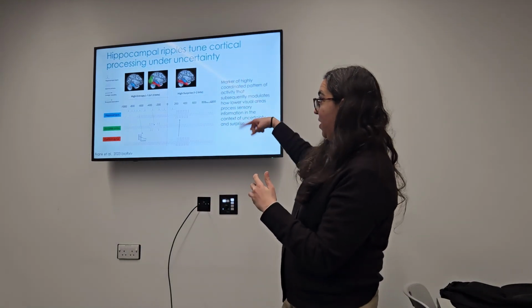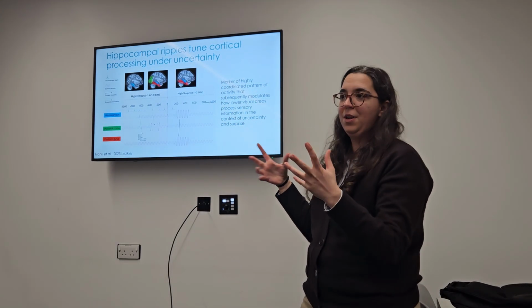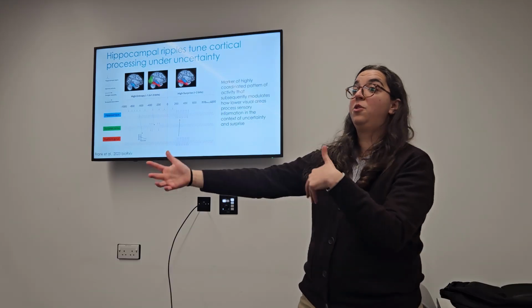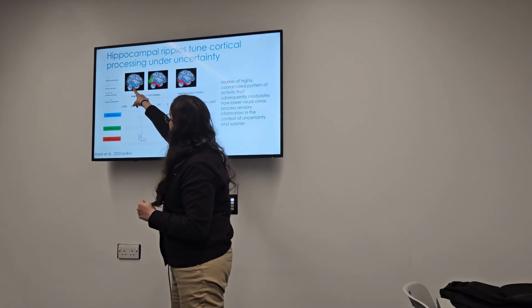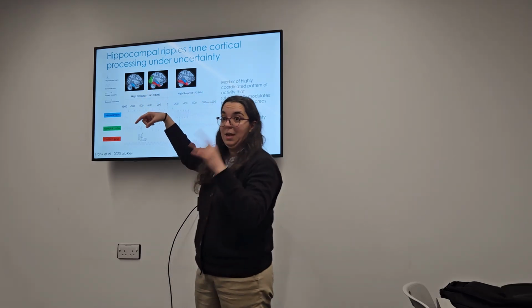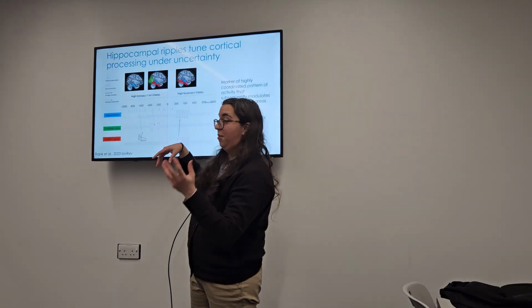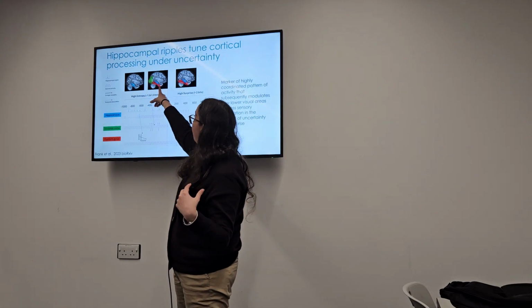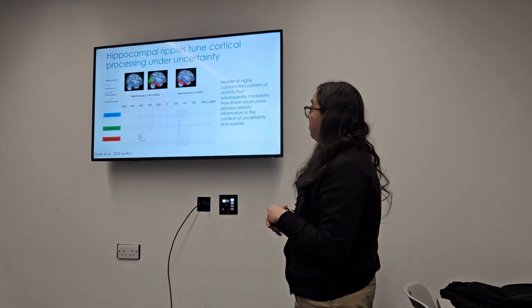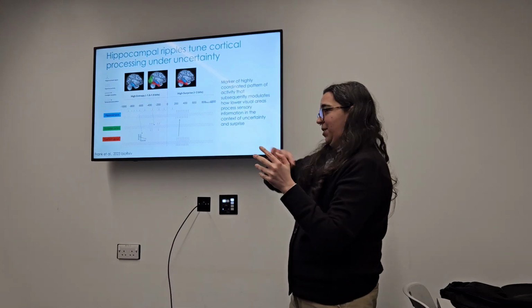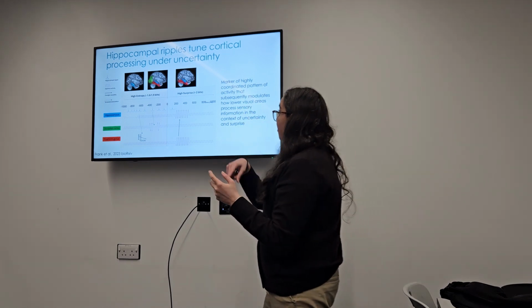What we show is that whenever the hippocampus does this thing, usually it's in uncertain contexts, so when we don't know what's going to happen. And if we see this happening in the hippocampus, it then triggers some response in early visual cortex, so in the fusiform and in the occipital cortex. So we've shown this direct communication between the two. This is feed forward. And there's also feedback.